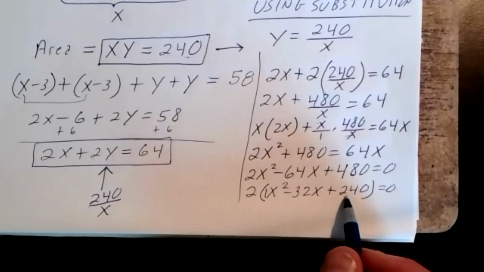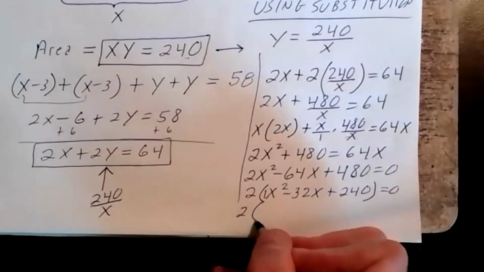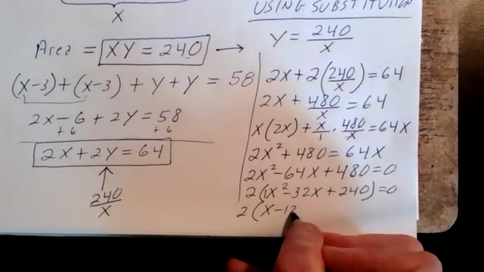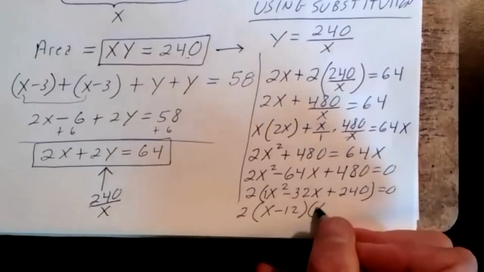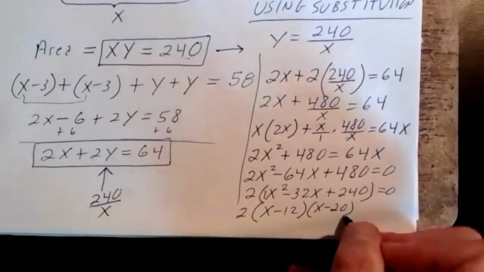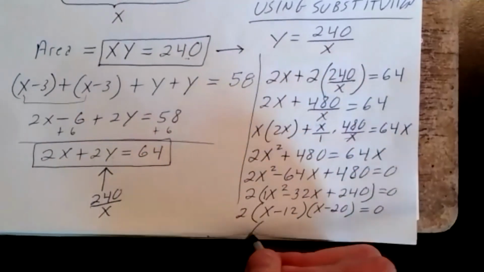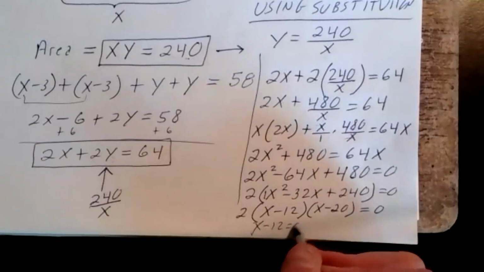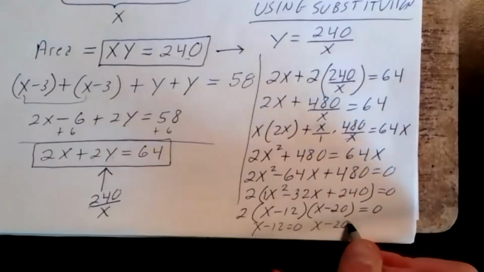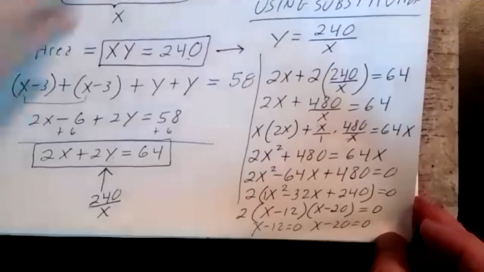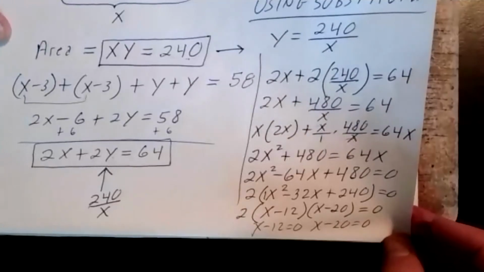Negative 12 and negative 20. Thank you. So therefore, this trinomial factors into x minus 12 times x minus 20. That will definitely work. That's what the doctor called for. Now, ladies and gentlemen, we set these factors equal to 0 and solve for x. Solving for x, we get x is equal to 12, or x is equal to what, 20?